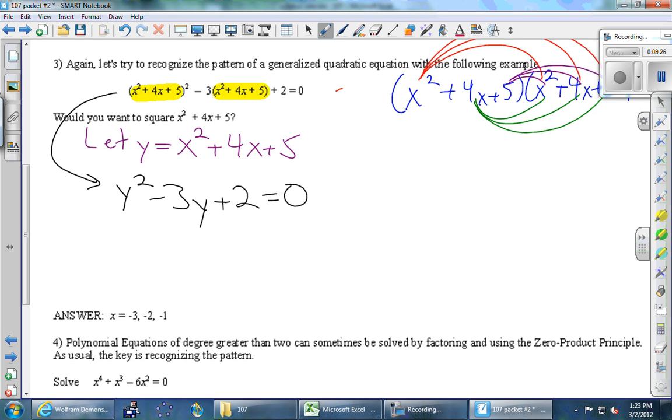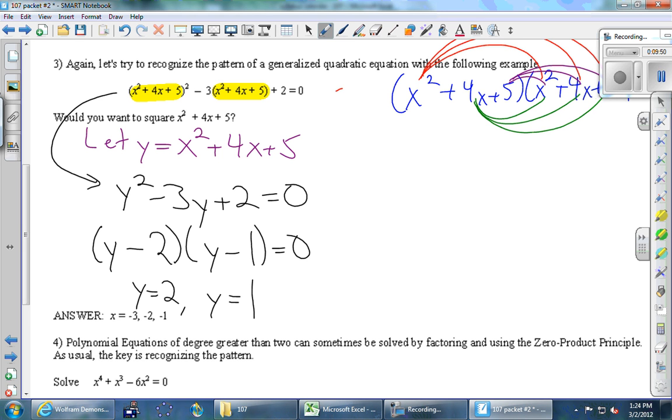Factor and solve for y. I got y equals 2 and y equals 1.